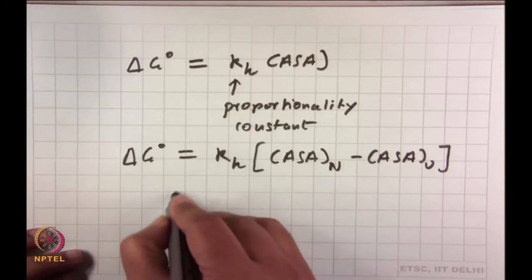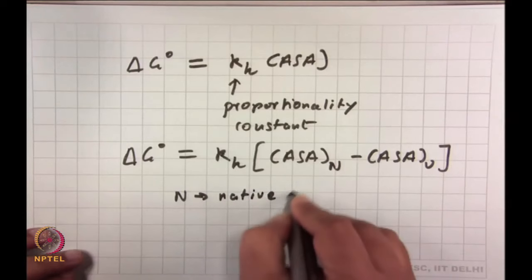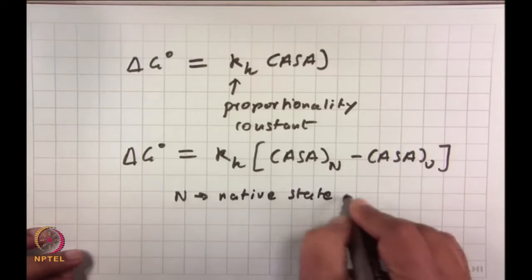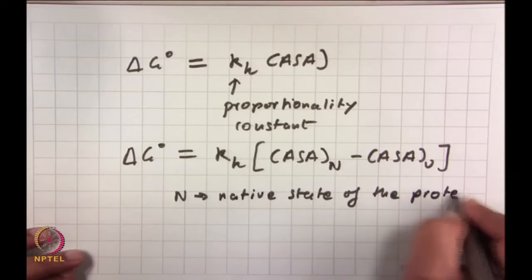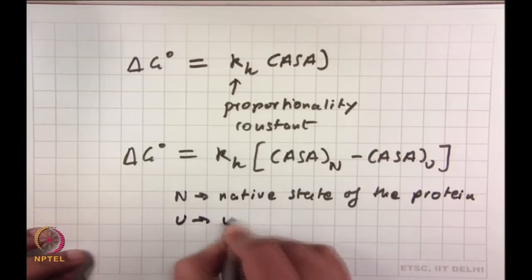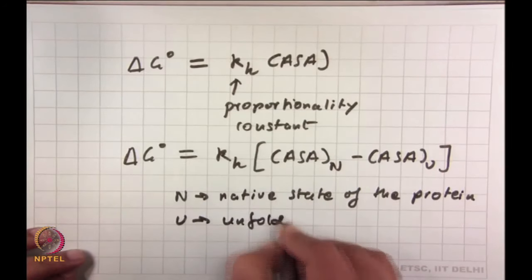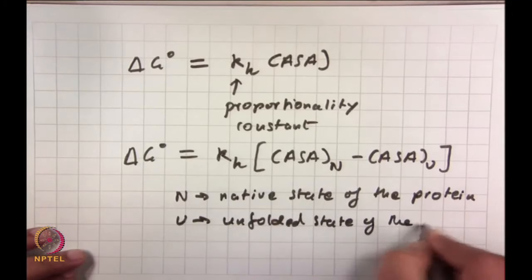So, N stands for native state of the protein and U obviously is the unfolded state of the protein.